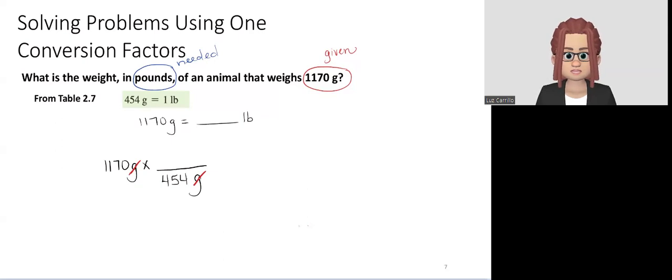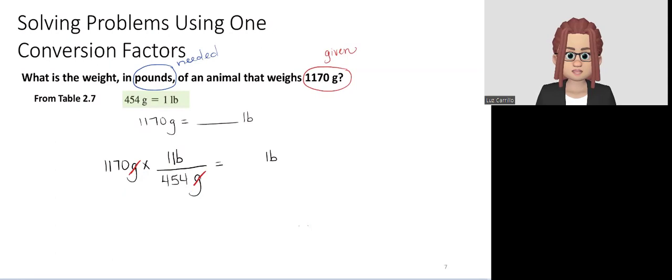Then what do I put specifically in the numerator? Well, what 454 grams equals. That, as we can see from the equality, is 1 pound. Since in the bottom of this, there is nothing that we can cancel pounds with, that means that when we take the value of 1,170, multiply it by 1 and divide it by 454, we still have units of pounds standing in our problem.